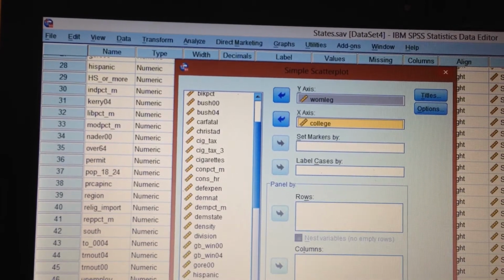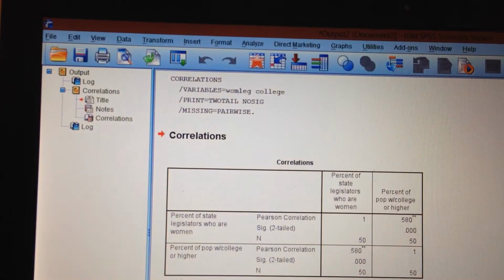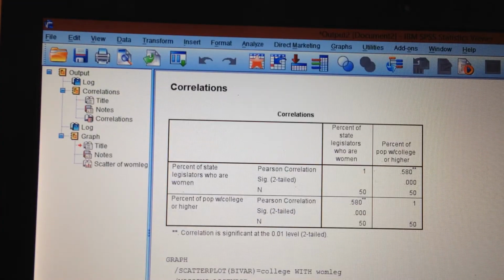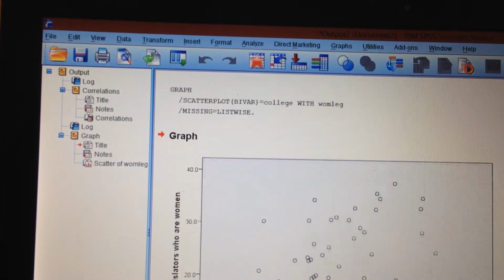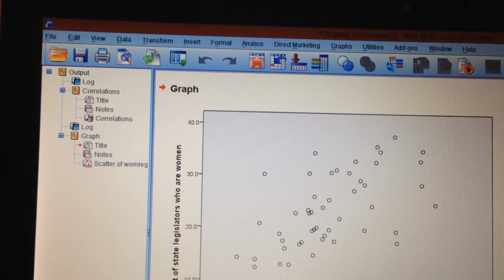When you have that, go on down and hit OK. SPSS thinks, and look, it's a pretty picture. What this picture is showing us is that every state has a value.